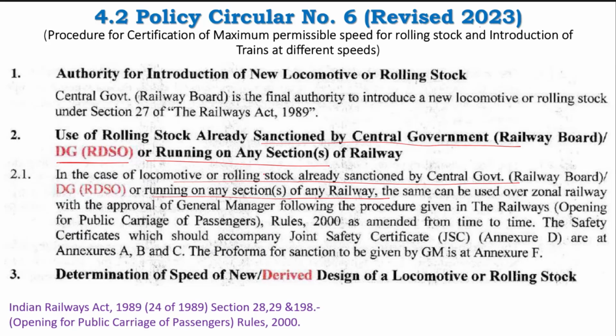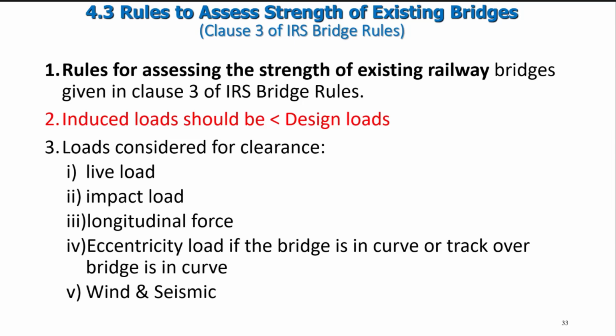If we covered the full circular 6, at least a 2-hour webinar would be required. But the main topic is how to clear the bridges, so this is just an introduction, because based on that we are the authority taking the clearance. Now the important part is the provision of the bridge rule.